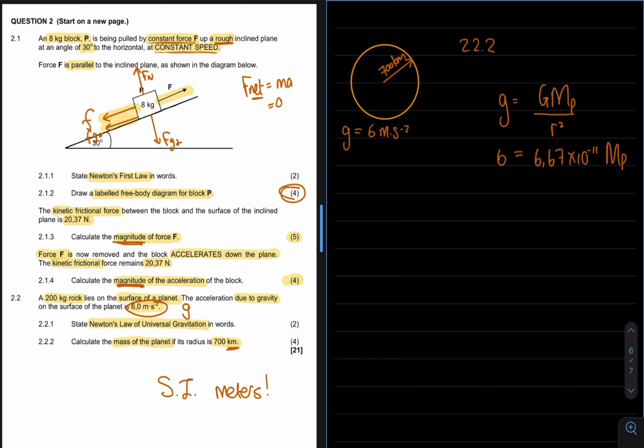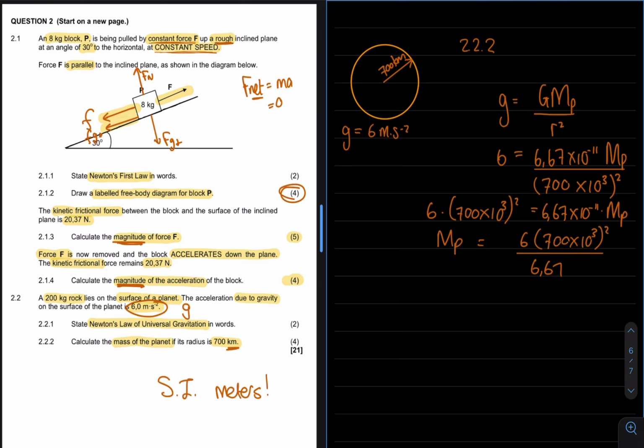The mass of the planet is the unknown. And the radius was given as 700 kilometers. So remember, we need to take this to meters. So we times 10 to the power of 3 or times 1,000. And remember this is squared. Which gives us a total of 4.41 times 10 to the power of 22 kilograms.